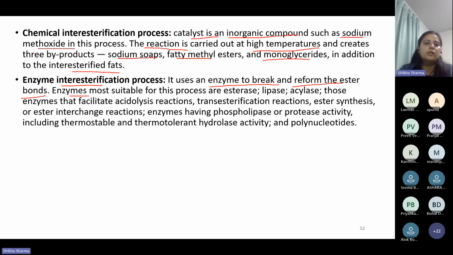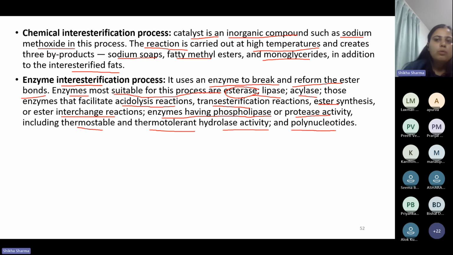Thank you so much. The enzymes most suitable for this process are esterase, lipase, and those enzymes which facilitate the acidolysis reaction, transesterification reaction, ester synthesis, and ester interchange reactions, enzymes having phospholipase or protease activity, which includes thermostable or thermotolerant hydrolase activity, and polynucleotides.